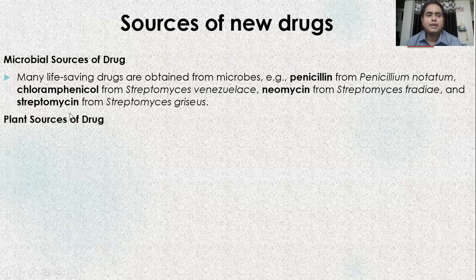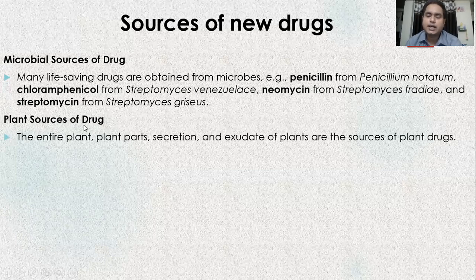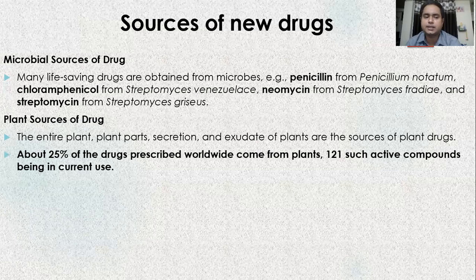So next, the plant source of drugs. The plant or herbal source of drugs has a very broad spectrum, and the entire plant part, secretions and exudates of the plant are sources of plant drugs. It is amazing that about 25% of drugs prescribed worldwide come from plant sources. 121 such active compounds are in current use.